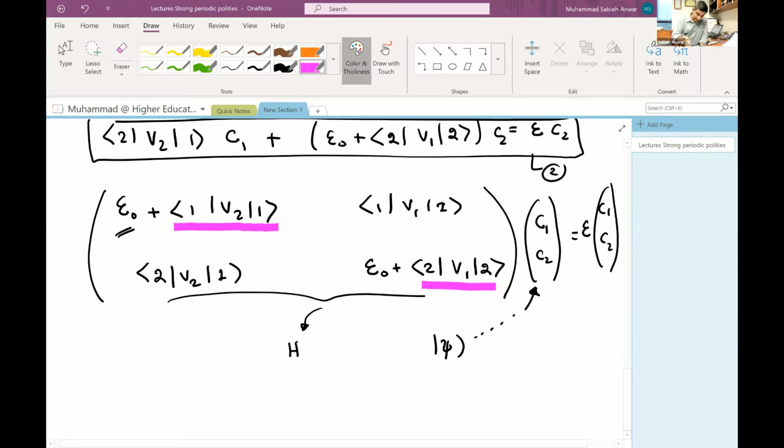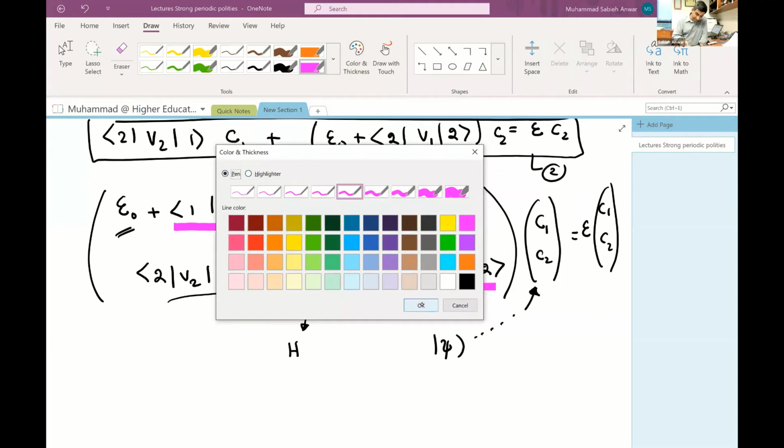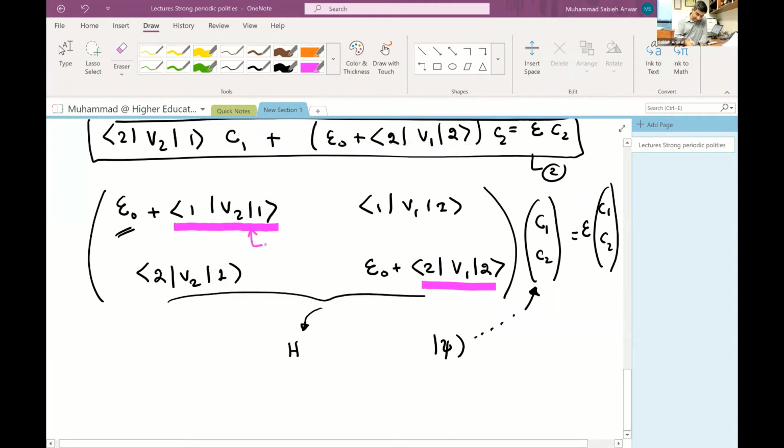So these terms which are highlighted in purple are like cross terms. And they simply shift the energy. They do not result in the hopping of electrons. I'm going to describe the hopping in a minute, but they simply shift the energy of the electron.